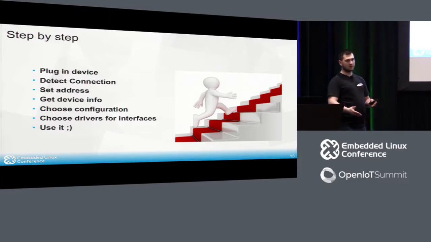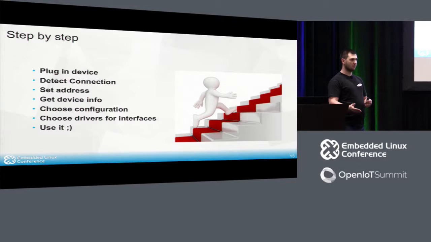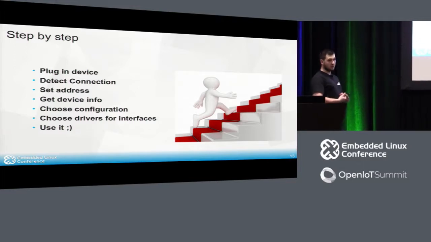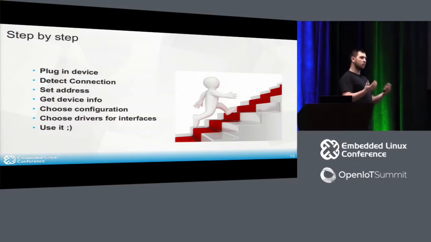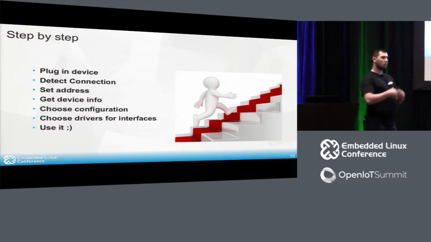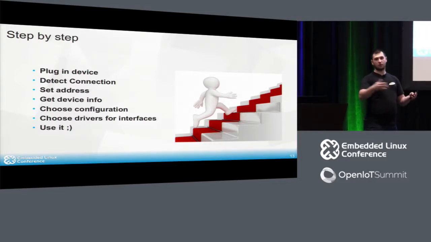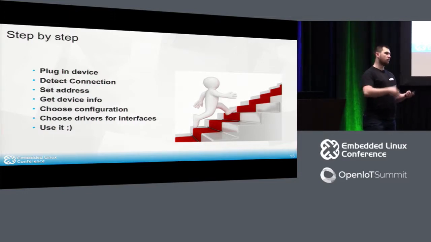So each interface may have a different driver. Why is it done in this way? Well, as a USB device may be a composed device and offer multiple different functionalities, there is no point in creating a driver for each subset of the functionalities. So we have individual drivers for each functionality.